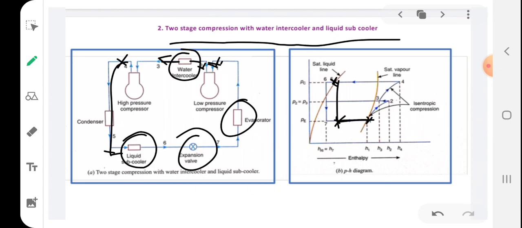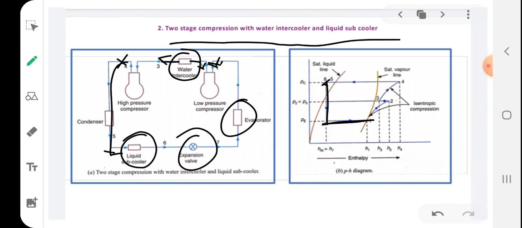But when it is subcooled, it reaches position 6 and then it is expanded, and now we have this much amount of refrigeration effect. So that is the importance of subcooling. You can increase the refrigeration effect when you apply subcooling to the liquid refrigerant coming from the condenser.